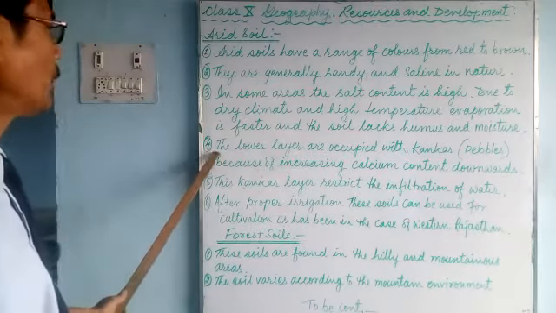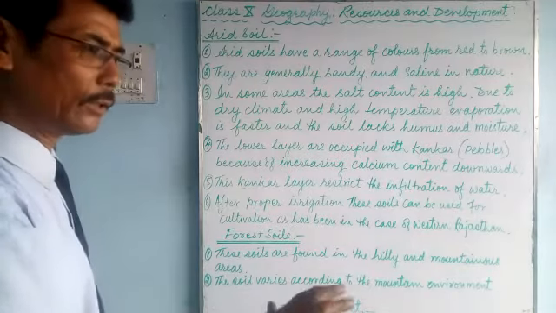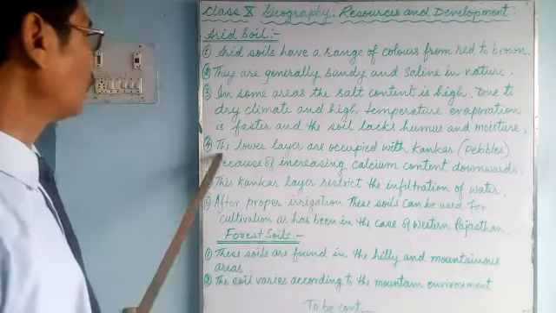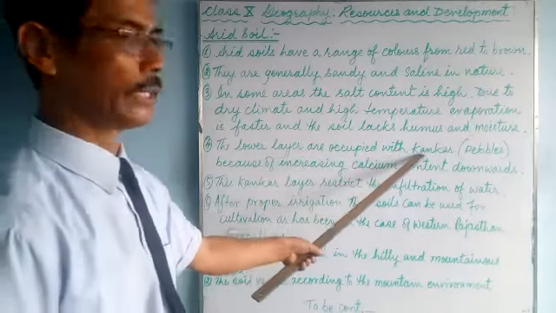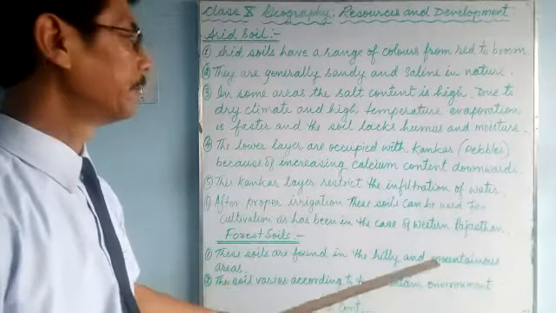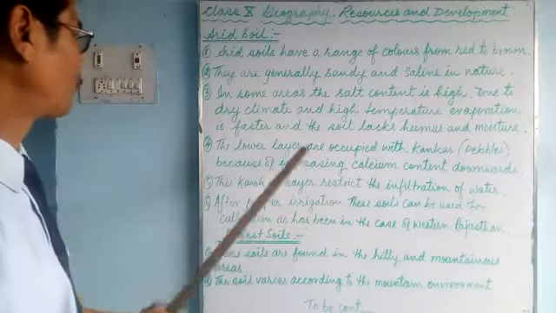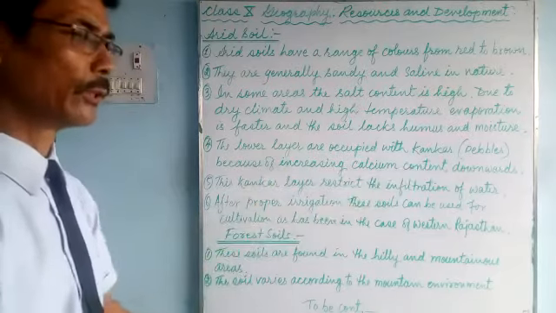Number four, the lower layers of the soil, the second layer, third layer, are occupied with kankar. Kankar is a Hindi word, that's pebbles, stony, because of increasing calcium content downwards.